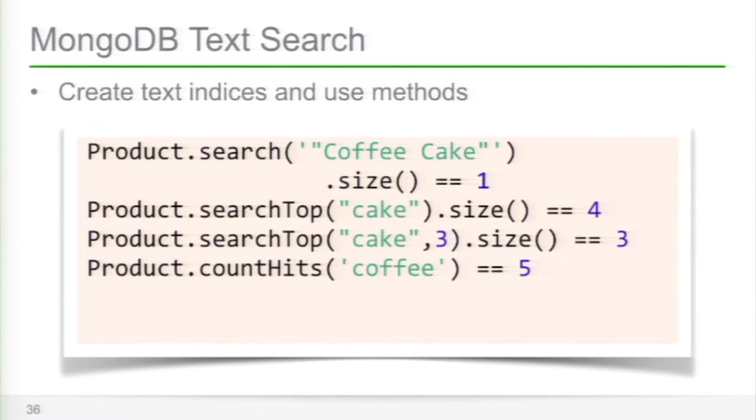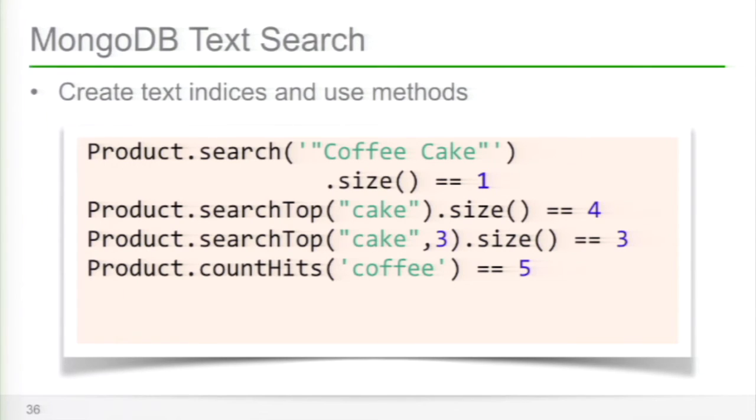MongoDB also has some nice support for creating text indices. So basically, you just specify a particular field or collection of fields as being full text searchable. And then GORM has a number of handy methods, where you can just call search for a particular term and find the results.